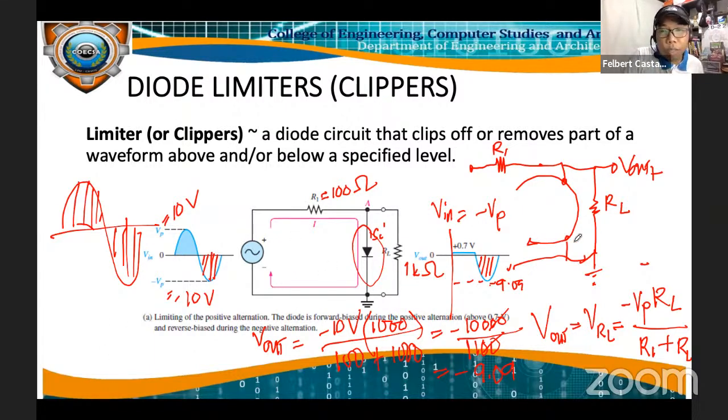Ang tawag sa type ng circuit na to is positive clipper. Bakit positive clipper? Kasi yung positive half cycle, yung ni-remove niya dun sa waveform. Ni-clip niya yung mismong positive half cycle. Okay? Kaya yun yung term, di ba?